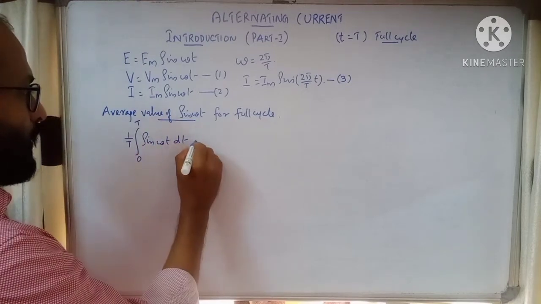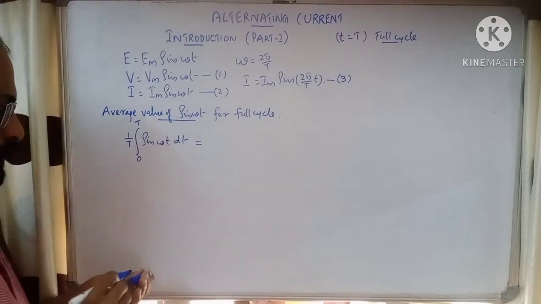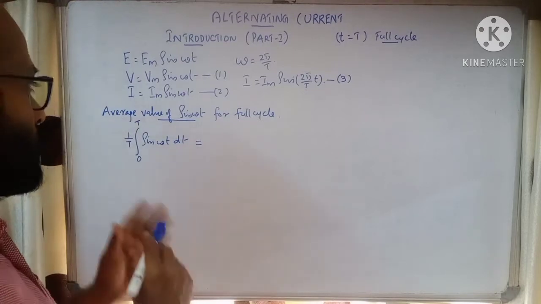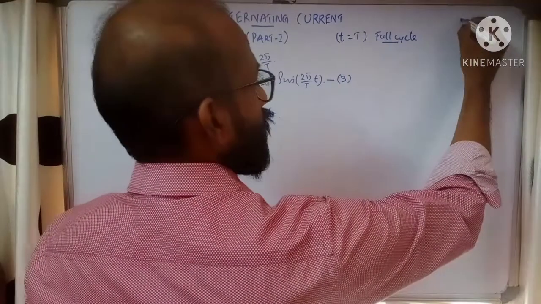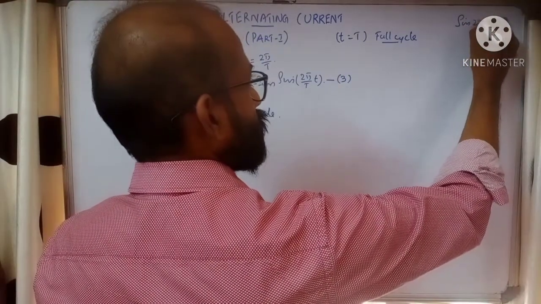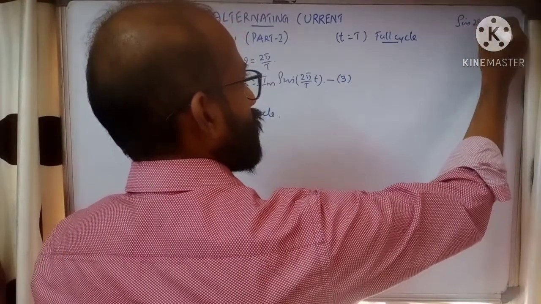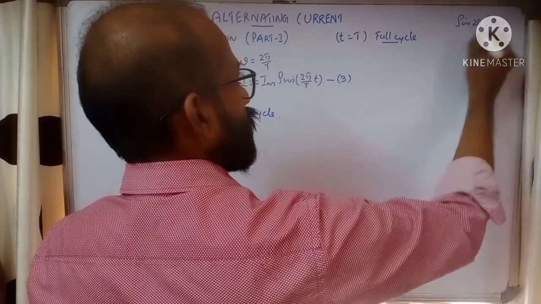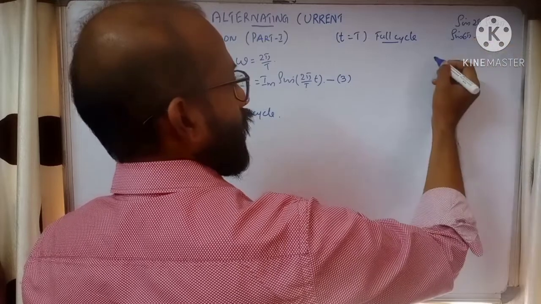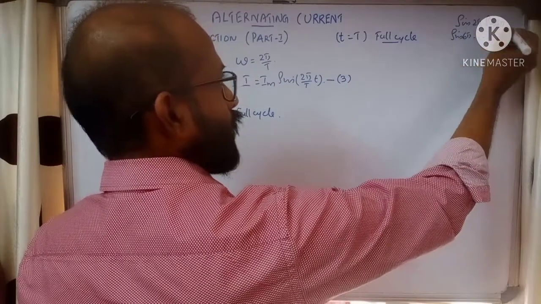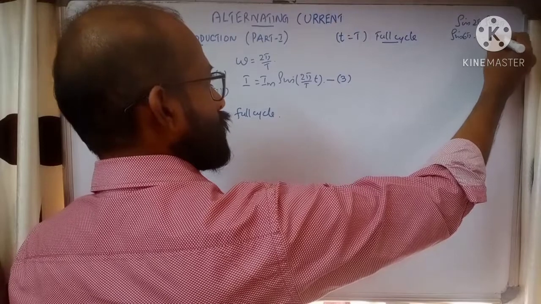Now we are going to evaluate this. Before evaluating this, we should be familiar with a few trigonometric terms. We know that sin 2 pi, or sin 4 pi, then sin 6 pi, etc. all have a value. What will be the value of sin 2 pi, sin 4 pi, sin 6 pi? It will be 0.